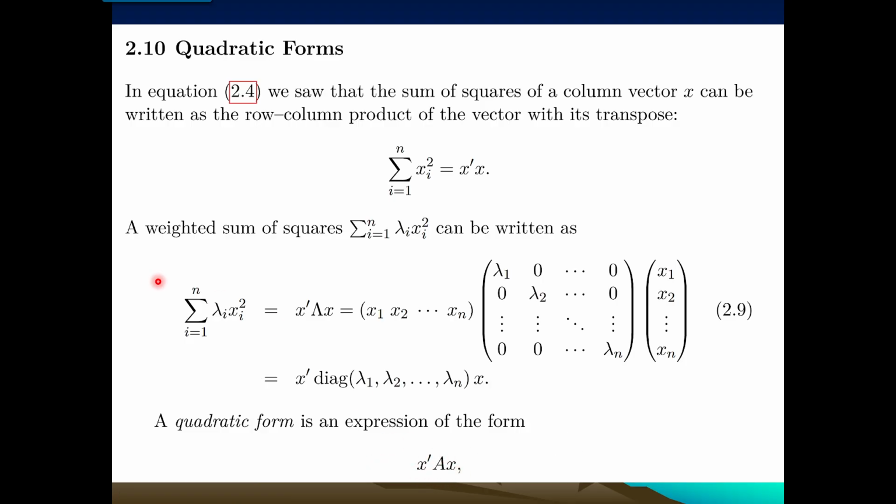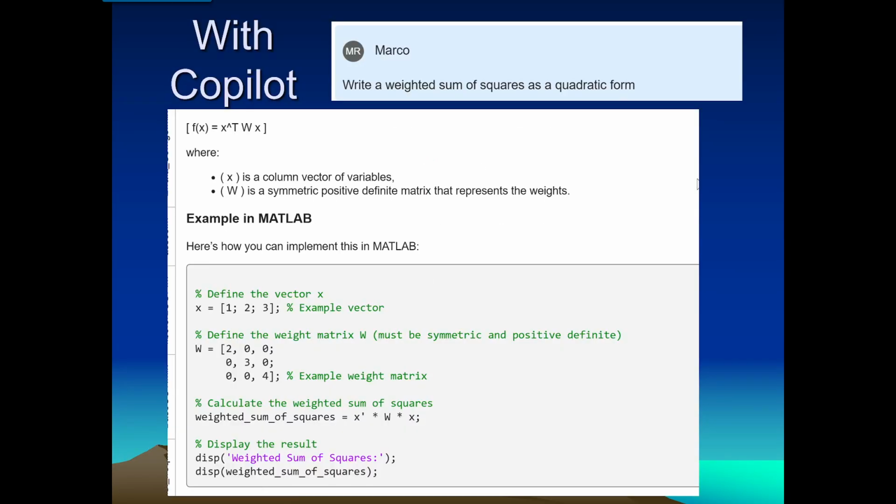So writing this or writing this is exactly the same thing. Right? And then you can try MATLAB. Then you have this, so therefore 1 squared times 2 plus 2 squared times 3 plus 3 squared times 4, you can write it in this way, as a weighted sum of squares.